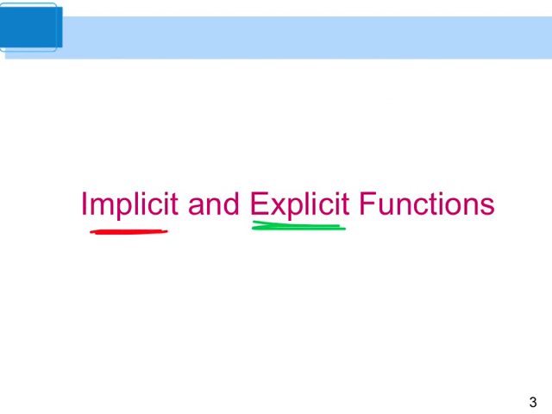An explicit is what you're used to, something like y equals x squared minus x plus 2. Even x to the 12th, right? Minus x plus 2. Anything that is written as one variable in terms of another variable, that's explicit.